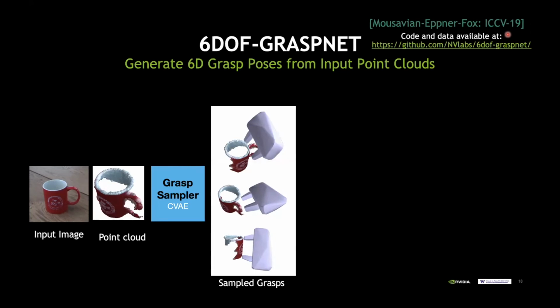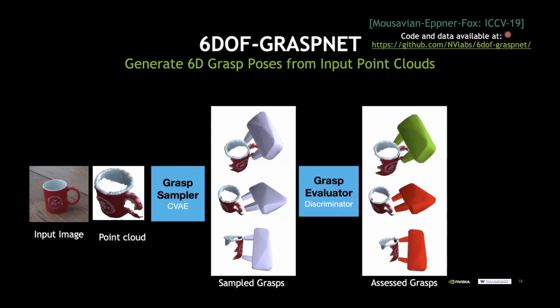The issue with the grasp sampling is that this might still generate grasps that are, first of all, not extremely accurate, or they might even be in collision with the object. So we also then have an additional network, which is, in contrast to this generative approach, more of a discriminator network that is trained to take as input the object point cloud along with the point cloud generated for the gripper that corresponds to this grasp coming from the autoencoder.